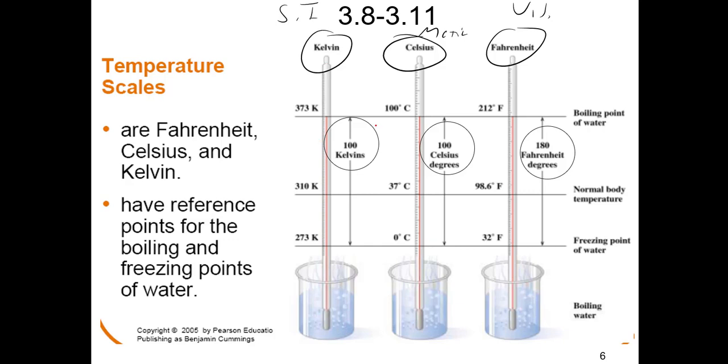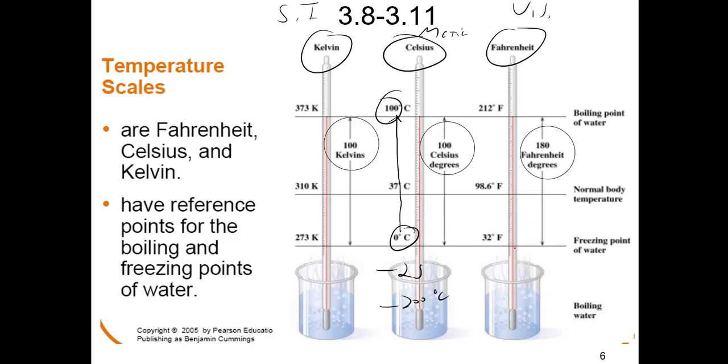Now, Celsius, it goes by the freezing point and boiling point of water, so it has nice units that go from 0 to 100. And yes, you can have negative values because you can get below the freezing point of water. So you can have like negative 25, you can have negative 200 degrees Celsius.